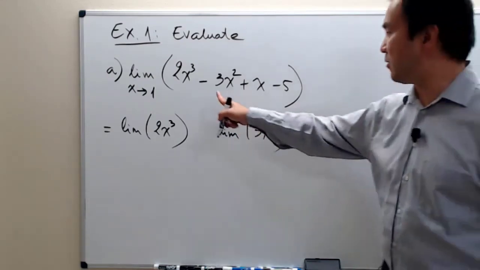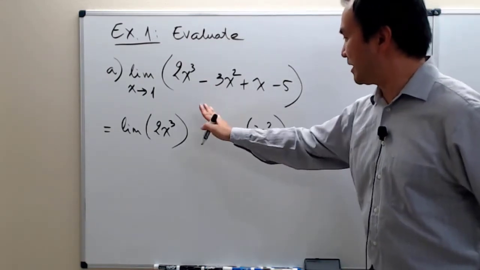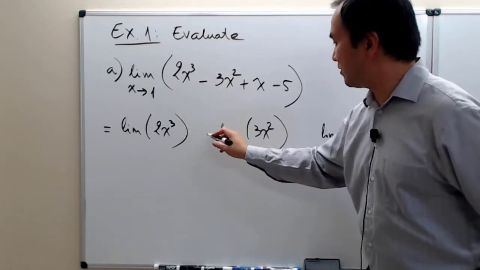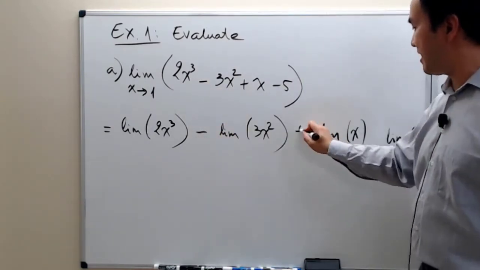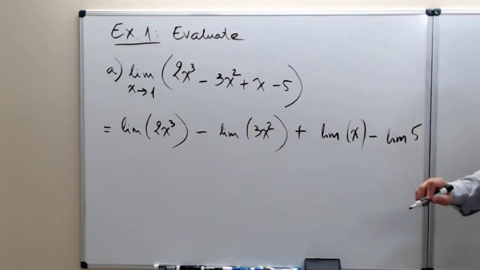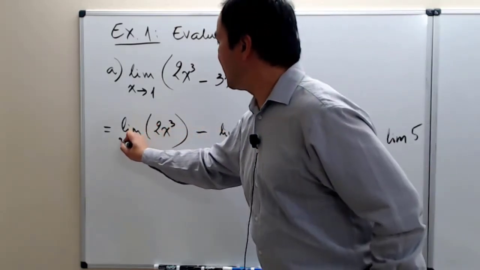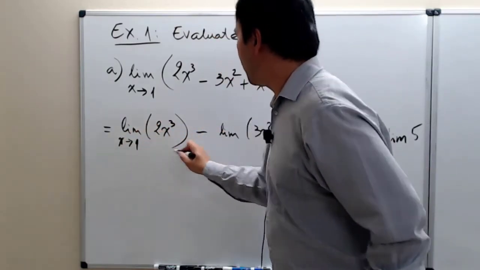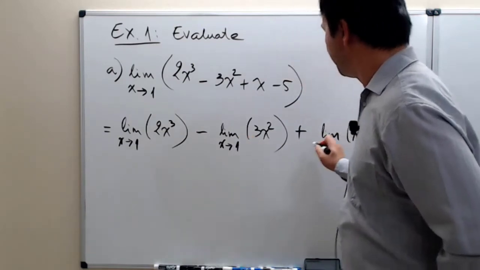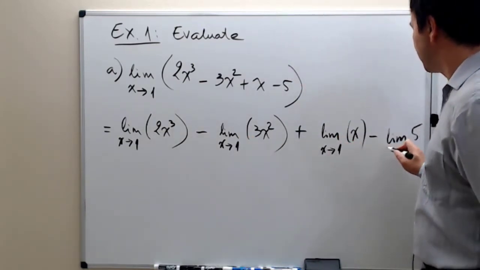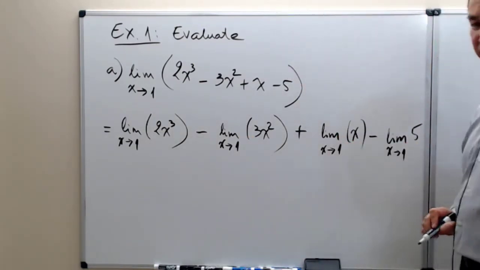According to the order of operations, we have subtraction right there, we have adding here, and we have subtraction there again. And these limits all have x getting close to 1.